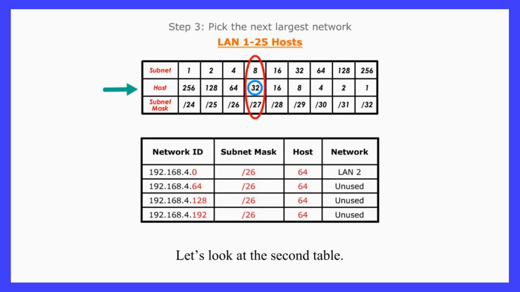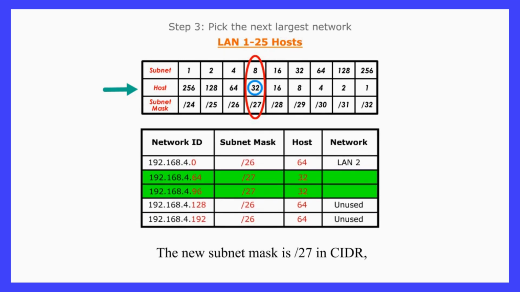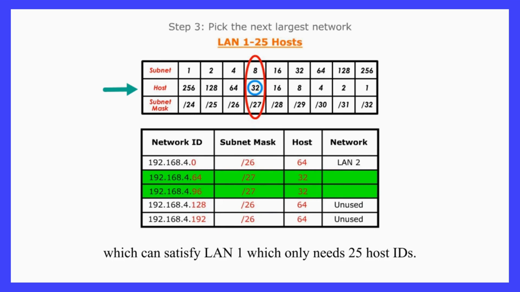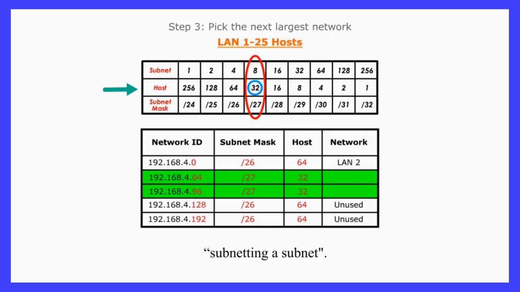Let's look at the second table. We select the first unused subnet and subdivide it into two smaller subnets. The new subnet mask is /27, and the total number of host IDs is 32, which can satisfy LAN 1, which only needs 25 host IDs. Dividing one subnet into smaller subnets is called subnetting a subnet.